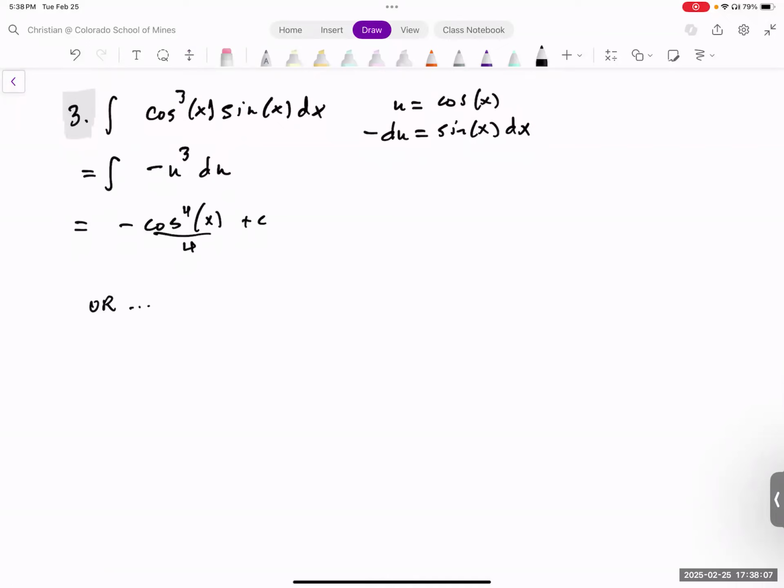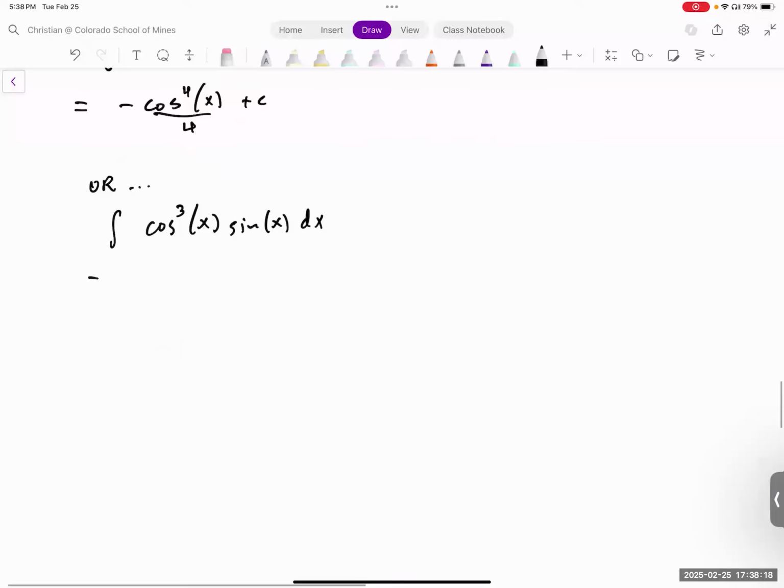And not that you would do this, it would be more complicated, but just to show you what would happen if you had cosine cubed x sine of x dx. We have cosine squared x. Here's our sine x. I'm going to put the remaining single factor of cosine on the end.